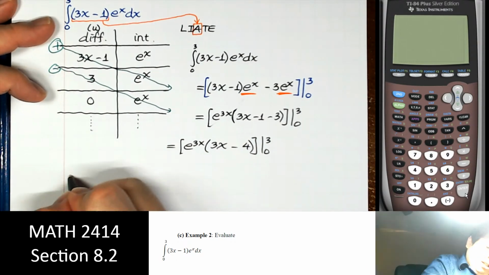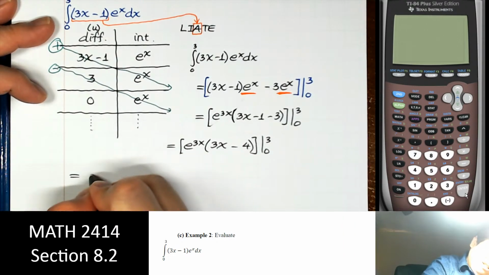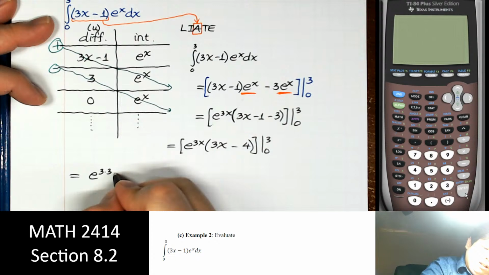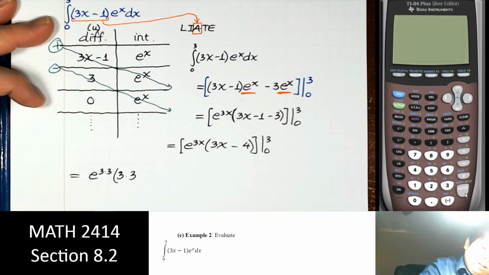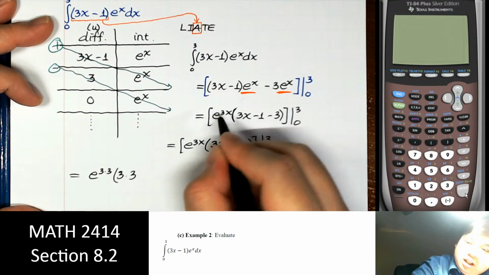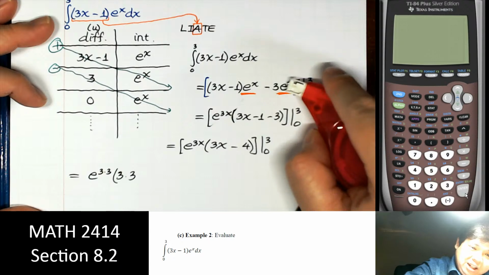Now just put 3 in for x. I don't know why I have e to the 3x here. It's just e to the x, right?